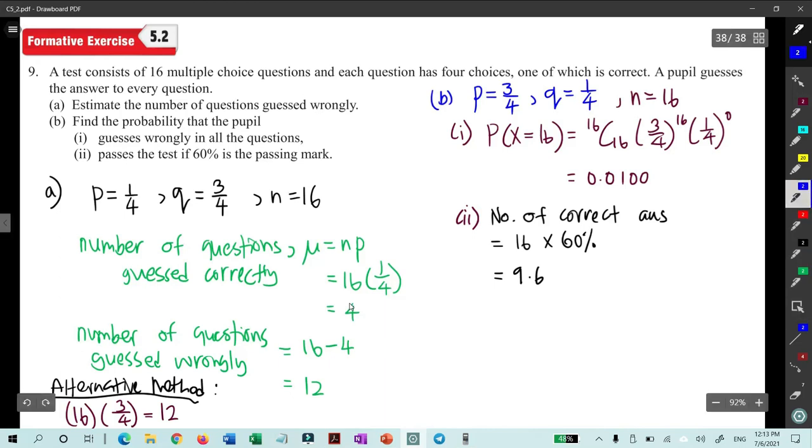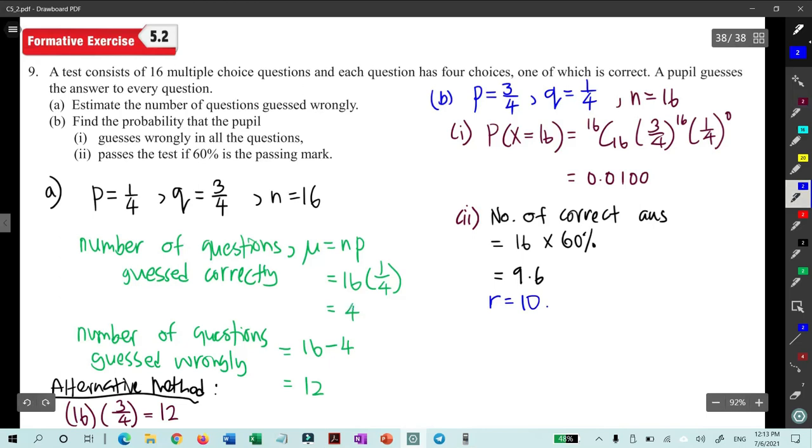When you get 10 questions answered correctly, the marks will be higher than 60, then you will pass the test. So the value of r is going to be 10.